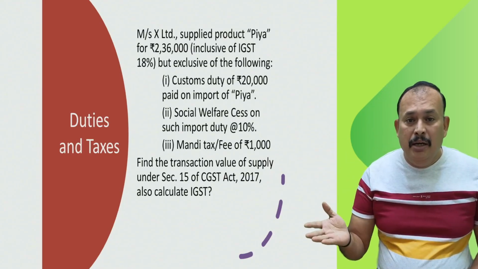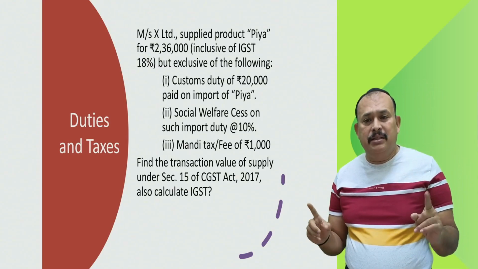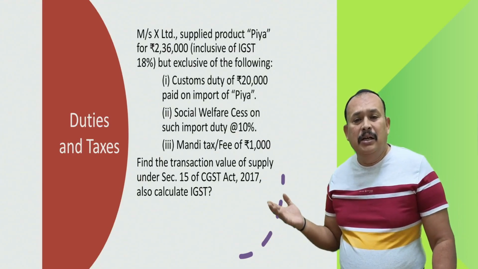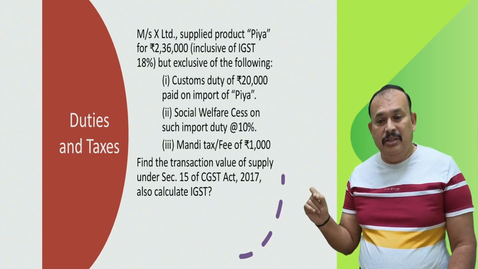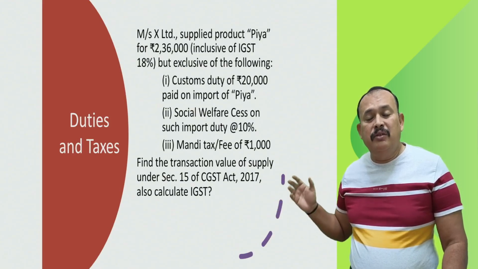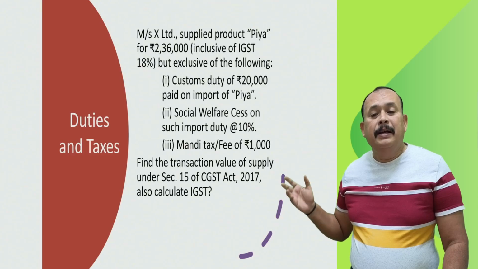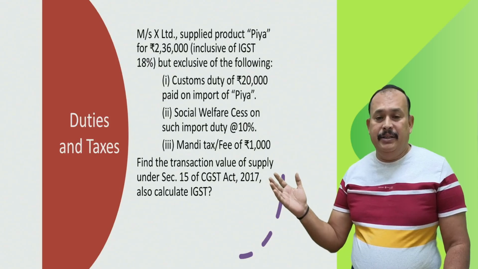Mandi tax is also a tax other than GST, therefore 1,000 rupees should be added. So deduct the IGST amount from 2,36,000, add customs duty, add social welfare surcharge, followed by the mandi tax, and arrive at the value.